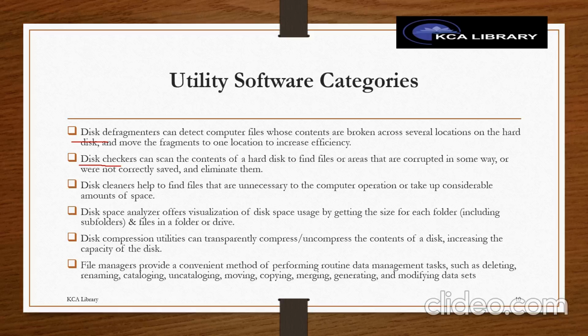Then we have disk cleaners, which help find files that are not necessary to the computer operation. Then also we have disk space analyzers, disk compression utilities, and file managers.